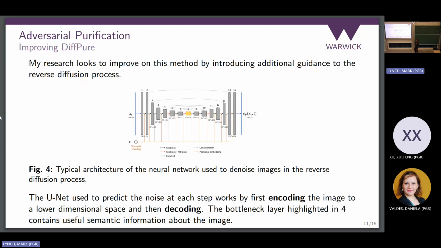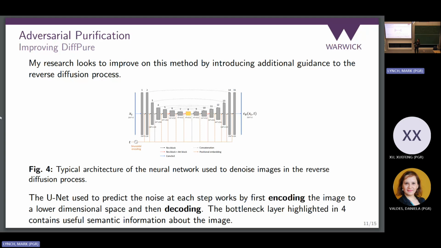To understand that, we're going to need to understand the reverse diffusion process a bit more. I said that at every step a little bit of noise is removed from the image. To predict this noise, we use some large neural network, and it typically has this kind of architecture.